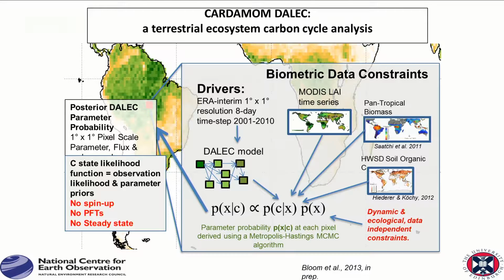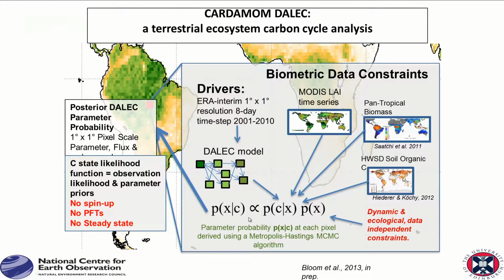Oh, the very last thing I'm going to talk about is much more what Amos was talking about. This is DALEC again, but CARDAMOM DALEC, which is a souped-up version. Work done in Edinburgh. They took that very simple generic model of carbon flows through a system, and they parameterized it. And then they're using a Bayesian description of it.